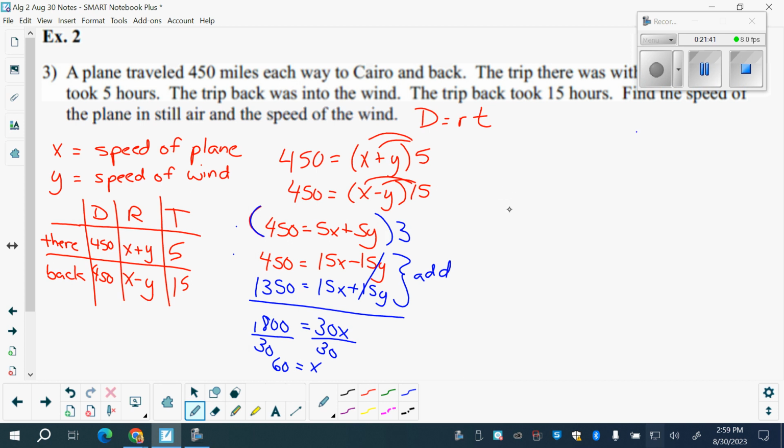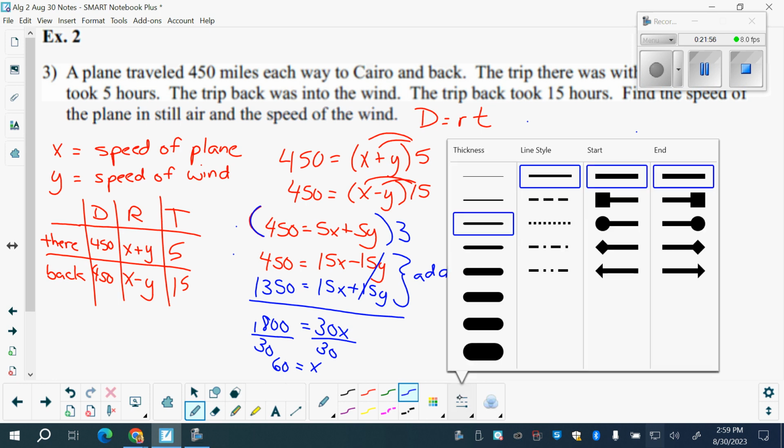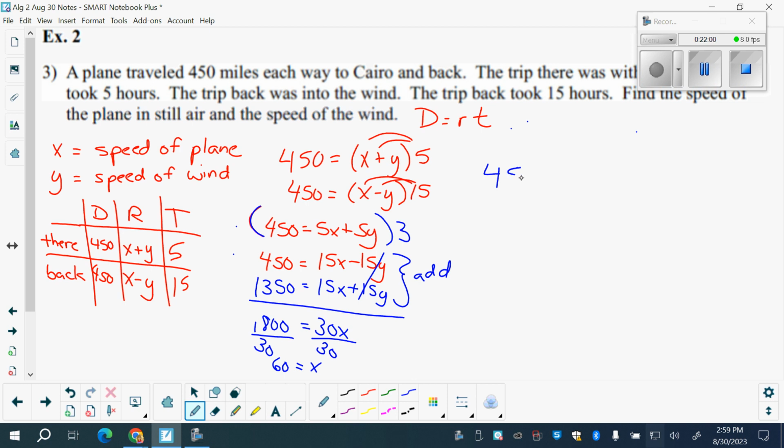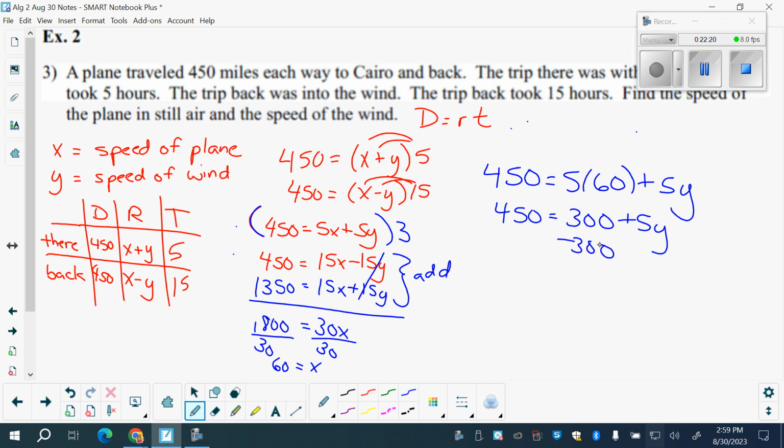Let's use the 450. 450 is equal to 5 times 60 plus 5y, and then solve for y. We get 150 equals 5y, and y is 30.